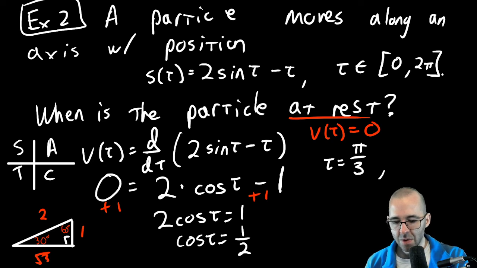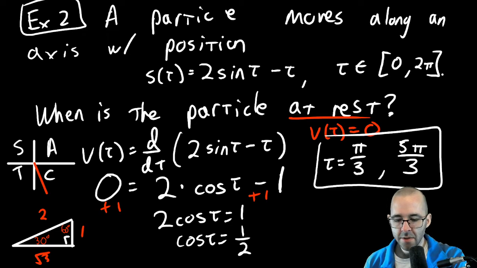We need to say, what's the same angle, reference angle of pi over 3 in the 4th quadrant? That's going to be 2 pi minus pi over 3. We're going around 2 pi or 360 degrees, but then we went pi over 3 too far. So that's going to be 5 pi over 3.